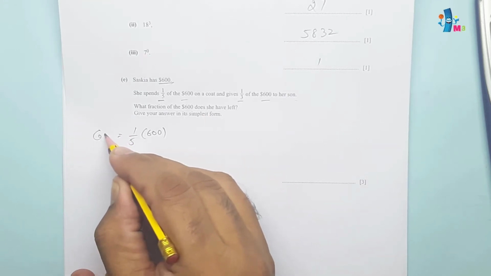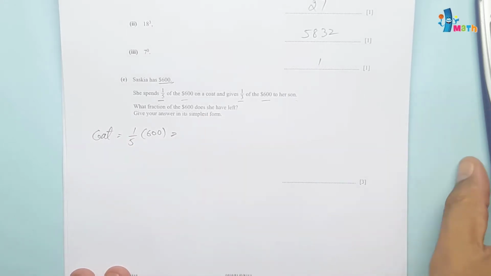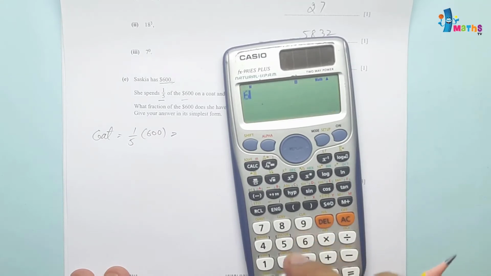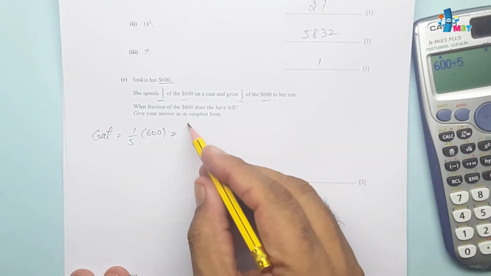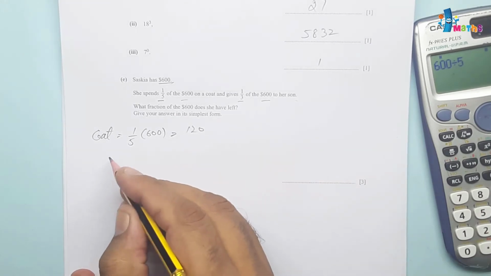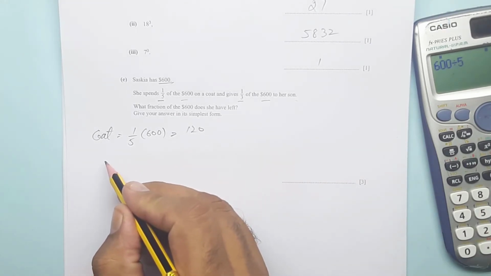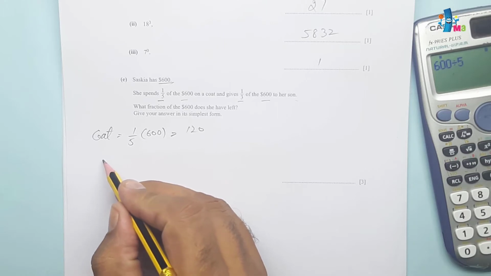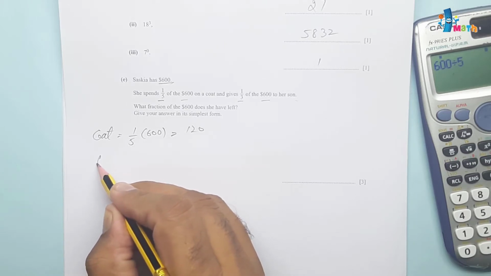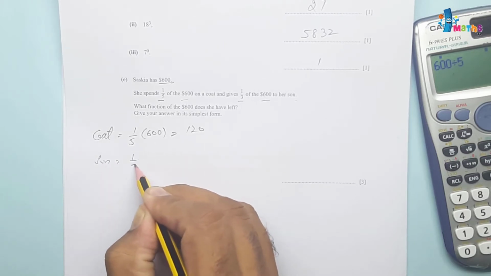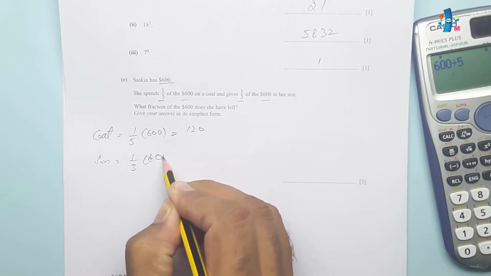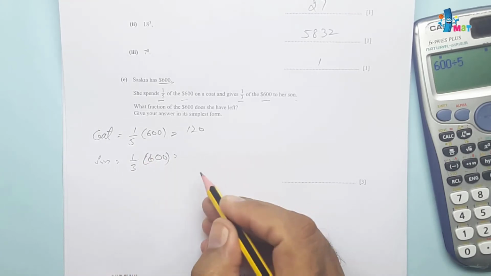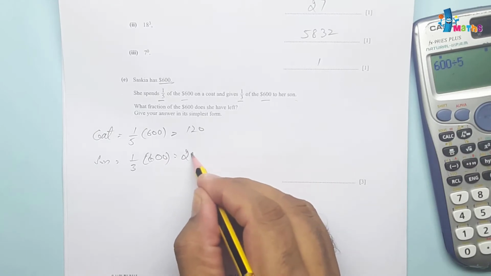So we can write coat will be equal to 600 divided by 5, which is $120. The other thing is what she gave to her son. So we can write here son. This will be equal to 1/3 of 600. So 1/3 of 600 will be 200. So we can write 200.